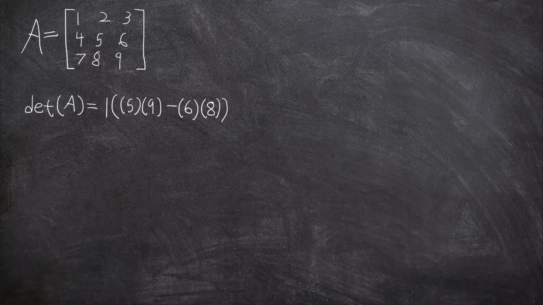Very good. Now we focus on 2. It's minus 2 here. Cross out. 4, 6, 7, 9. So it would simply be 4 times 9 minus 6 times 7.